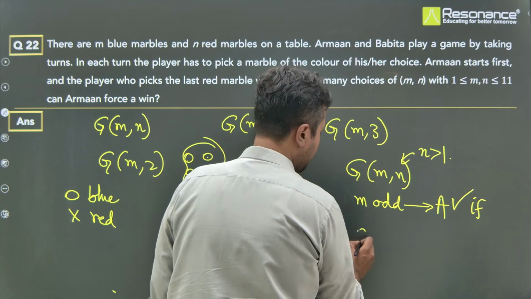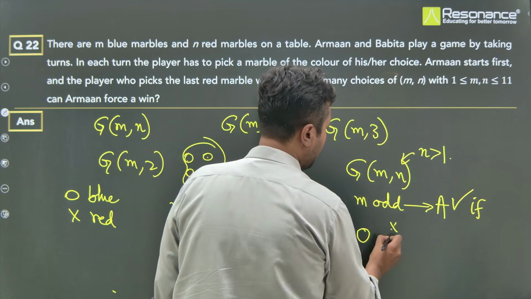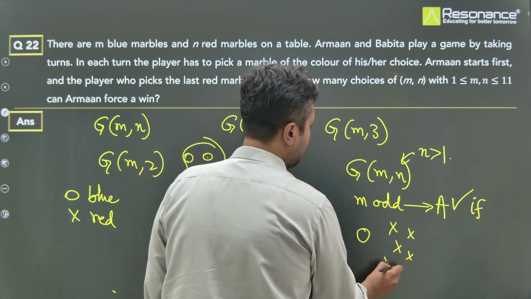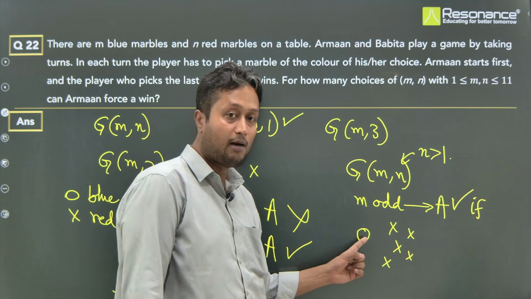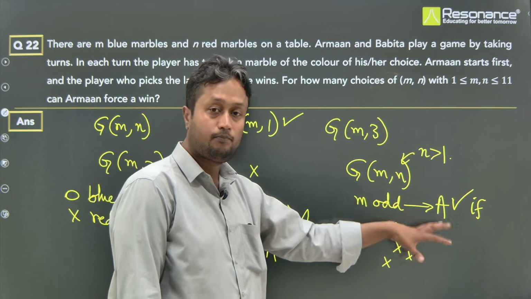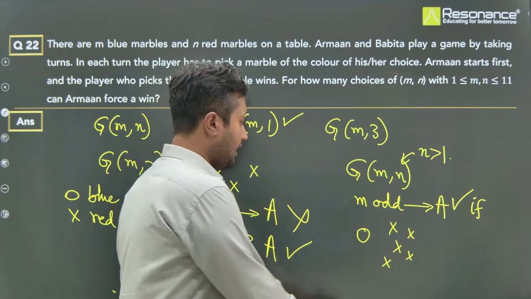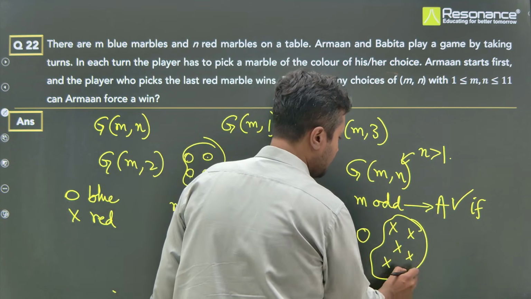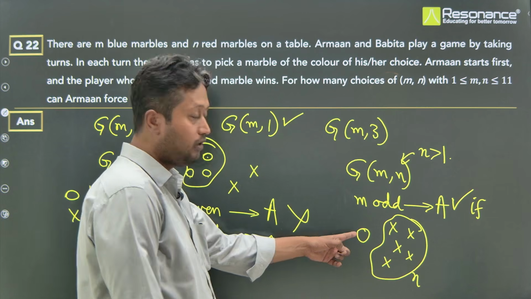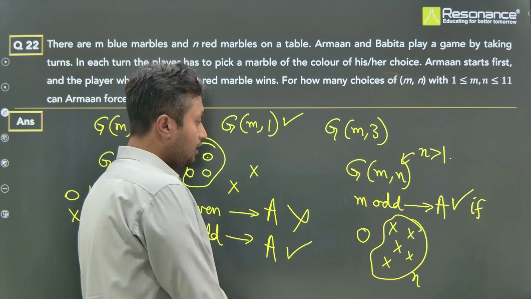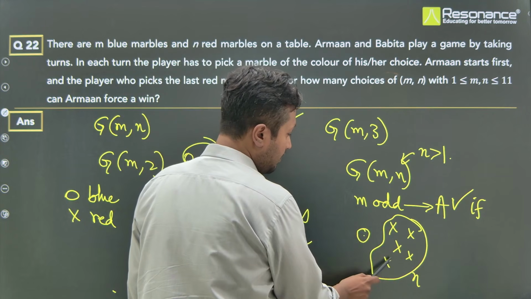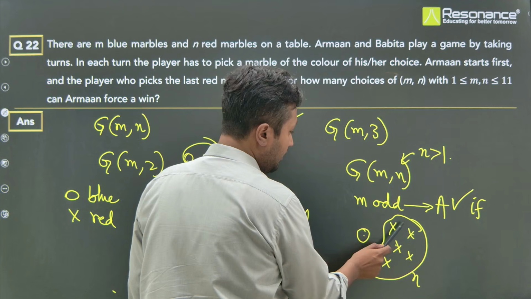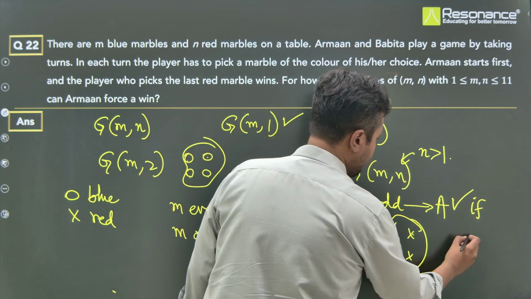So this is just equivalent to one blue marble over here, and then N red marbles over there. So this one has N marbles over here and only one blue marble. Okay, so let's say Arman goes for that. Then B, A, B, A, B. Babita wins.